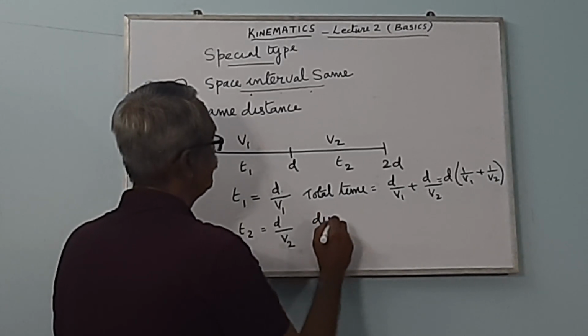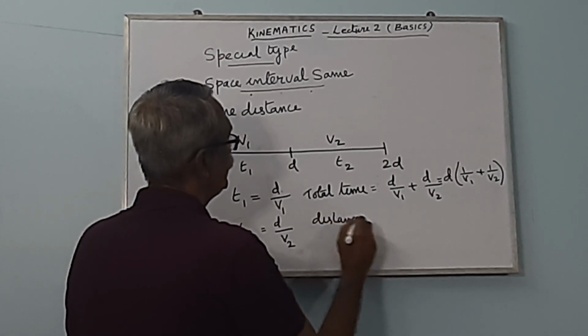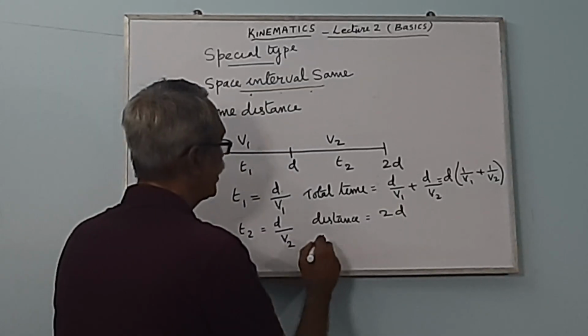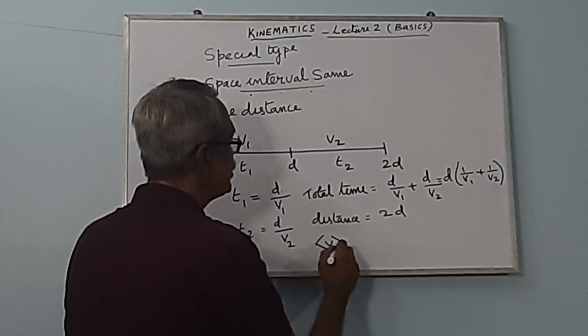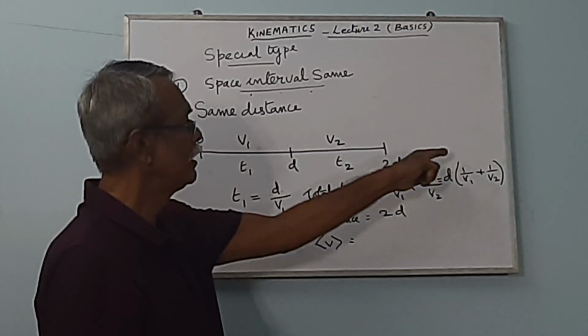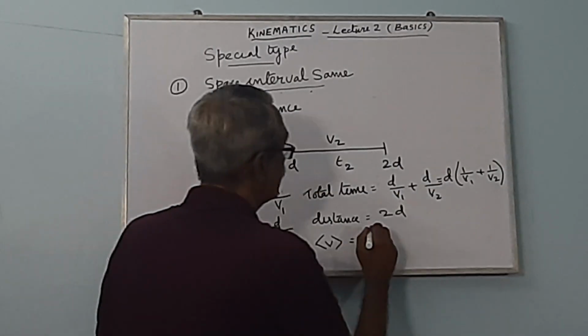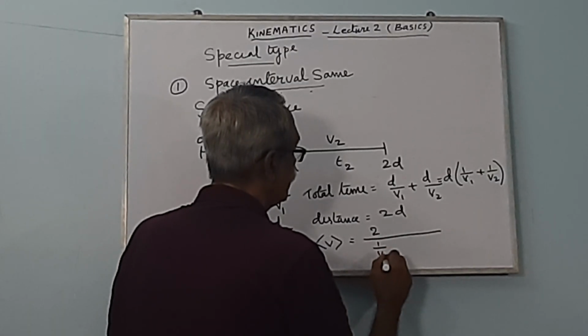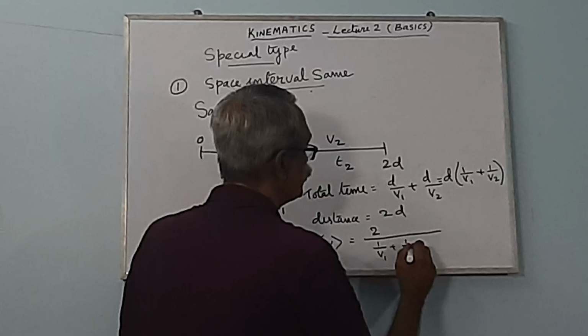Distance is equal to 2d. So the average speed is distance divided by time, 2d divided by this. d will cancel and this will become 2 divided by 1 over v1 plus 1 over v2.